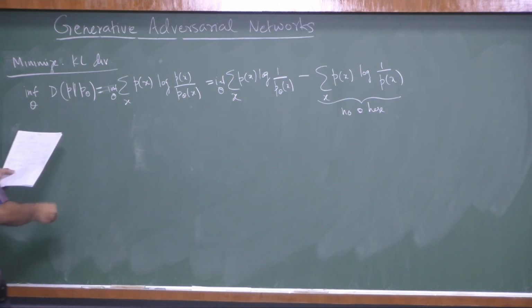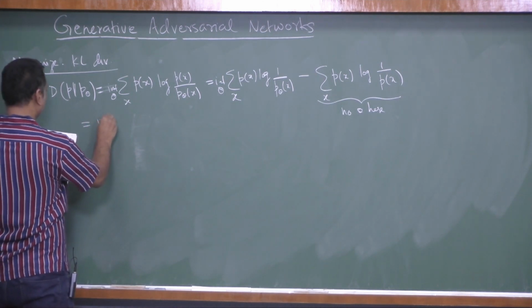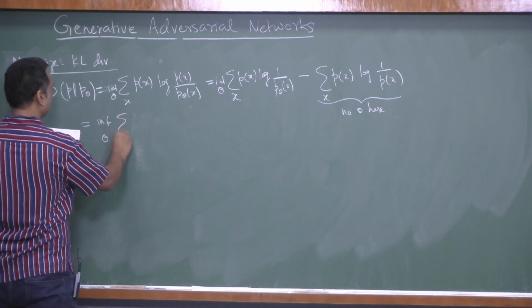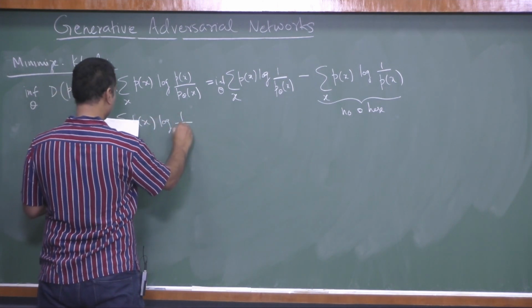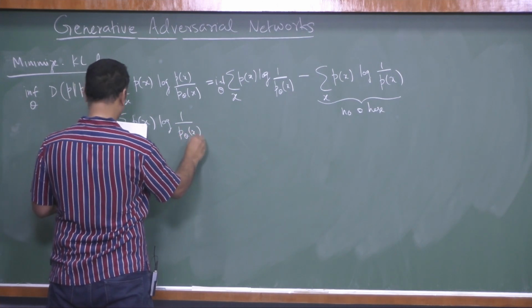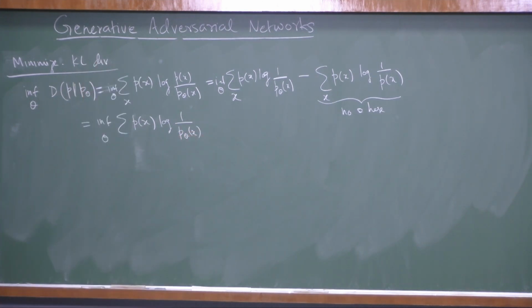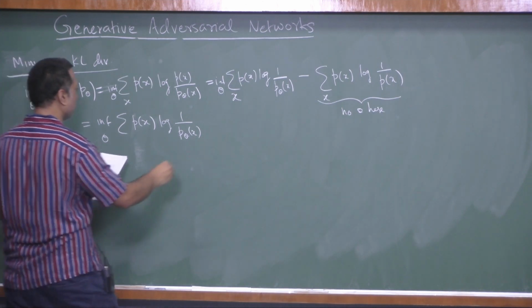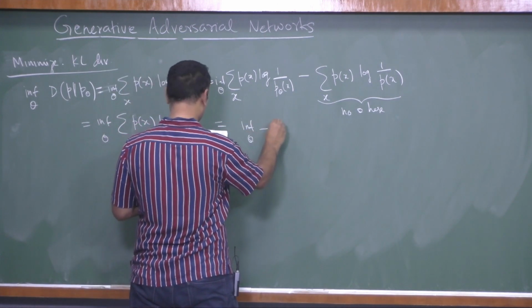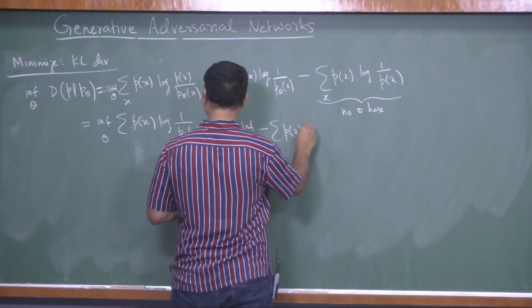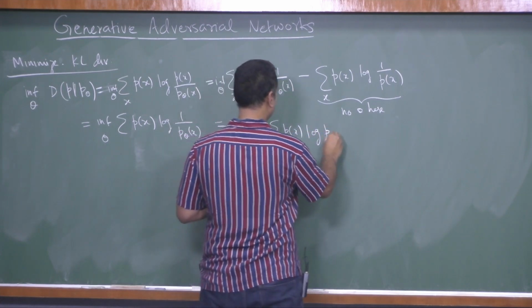So we can focus on infimizing only the first term, which is p(x) log 1 by p theta(x). I can move p theta to the top, and I get a minus out of that. So this is the infimum over theta of minus p(x) log p theta(x).